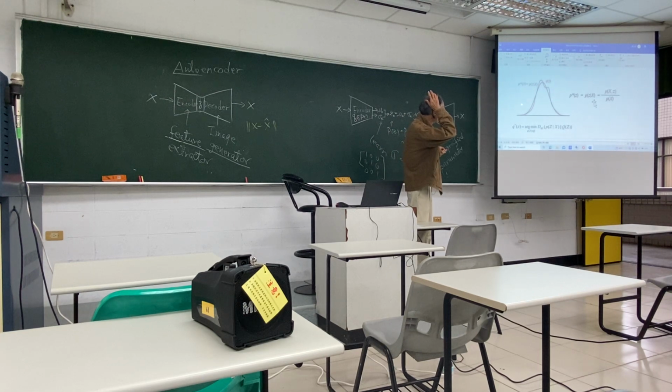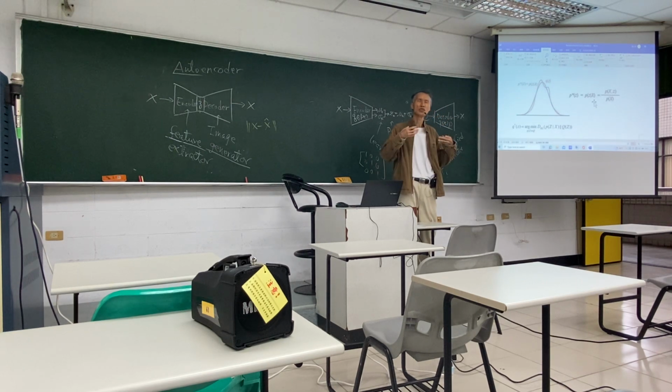Now the blue distribution here is what? That's the conditional given X. I want to know what should be the probability of the latent variable Z. It is very difficult to measure because it's not possible to train for every possible input X. So we simply assume the Z will follow a well-controlled distribution.